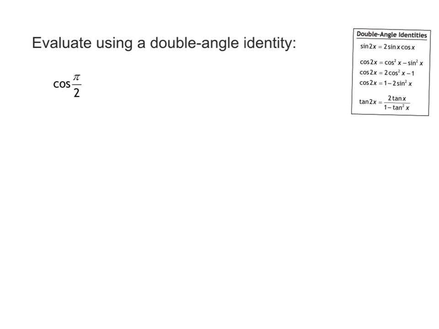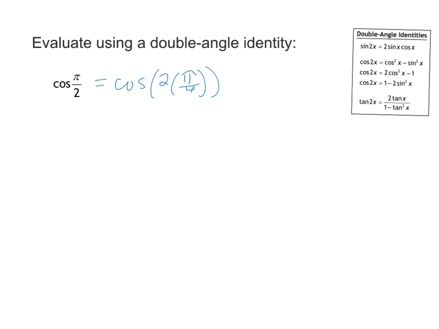What is pi over 2 if you split it into two equal angles? Pi over 2 is 2 times what? Pi over 4, yeah. So we can change this to cosine 2 pi over 4.